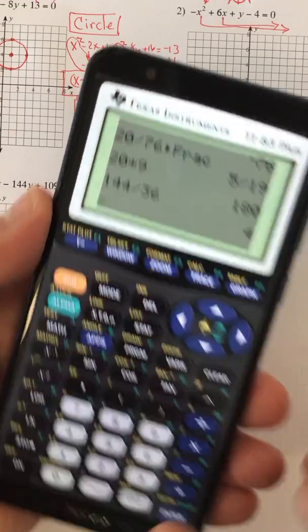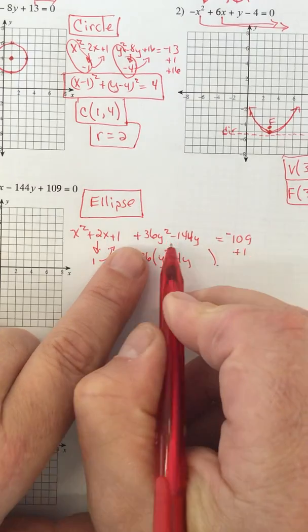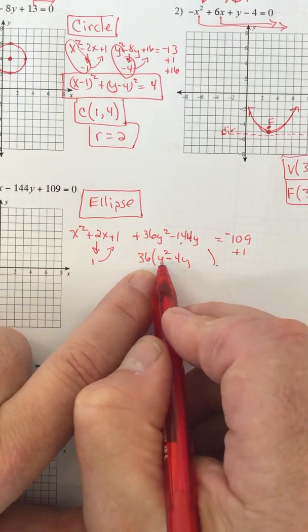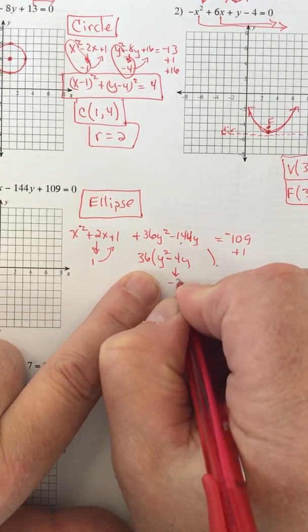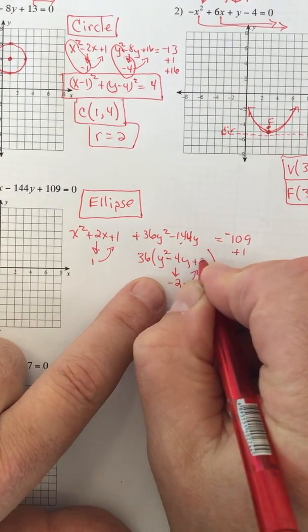Okay, it's 4. So I just took these two and divided out the 36 so I can complete the square, -2. -2 squared is +4.